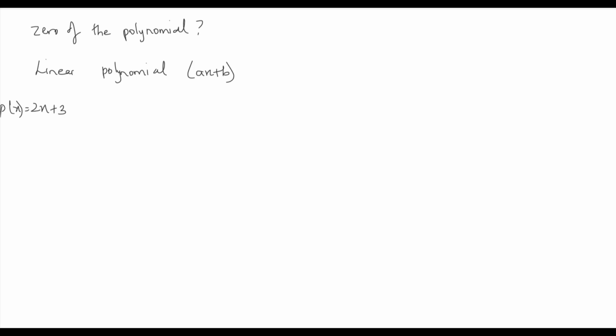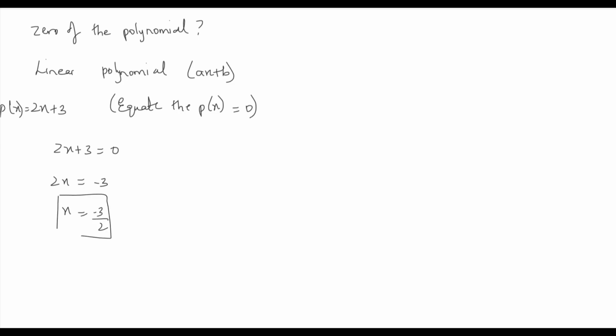All we have to do is equate p of x to 0. So 2x plus 3 equated to 0 gives 2x equal to minus 3, x equal to minus 3 by 2. So we got the zero of the polynomial, minus 3 by 2.